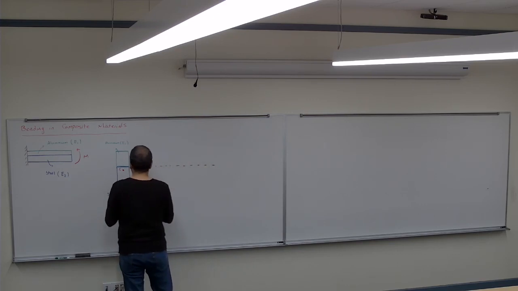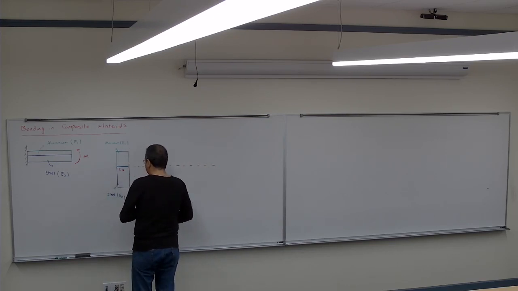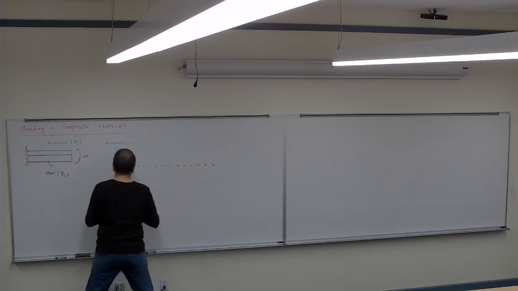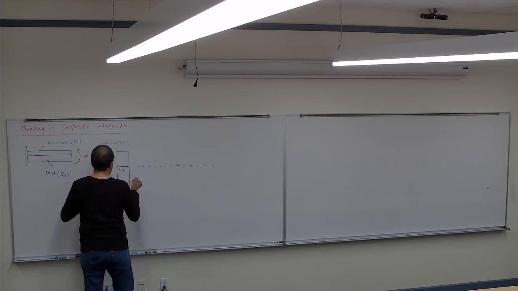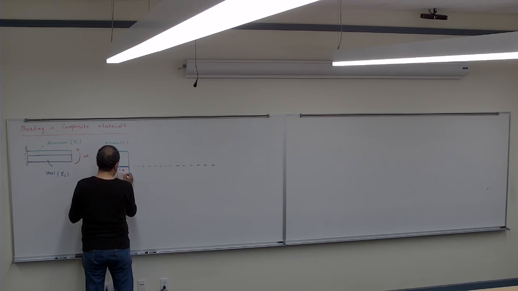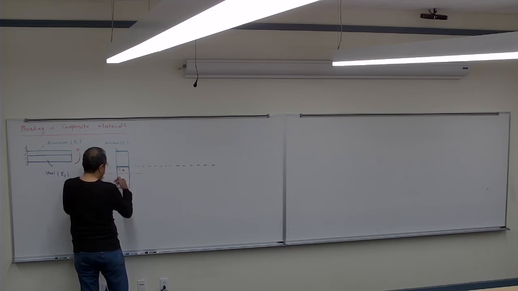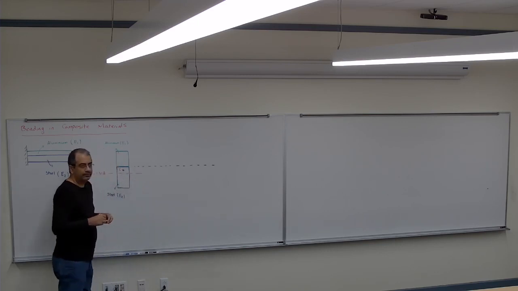It's the interface. And I know the centroid is going to be somewhere there. Assume the neutral axis is going to be, I don't know where it's going to be, but I assume it's going to be there.